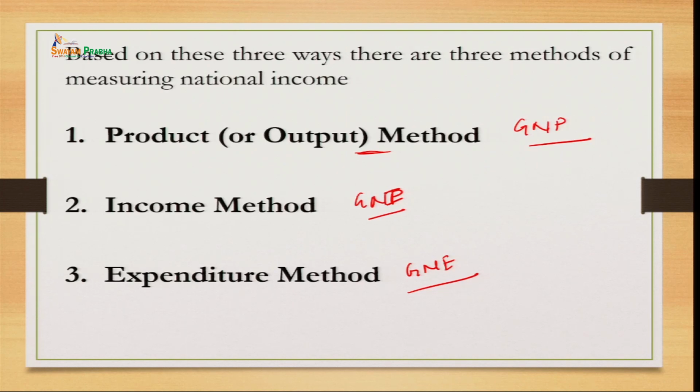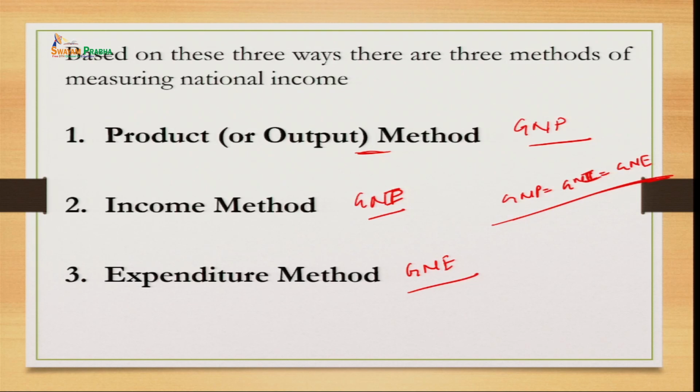So, whatever way we are using for the calculation of national income, ideally the figures we arrive at in the end should remain the same. Ideally it should be equal, GDP should equal GNI, and it should equal GNE. It should be equal, but they are not in real sense, because every method has its own advantages as well as disadvantages.